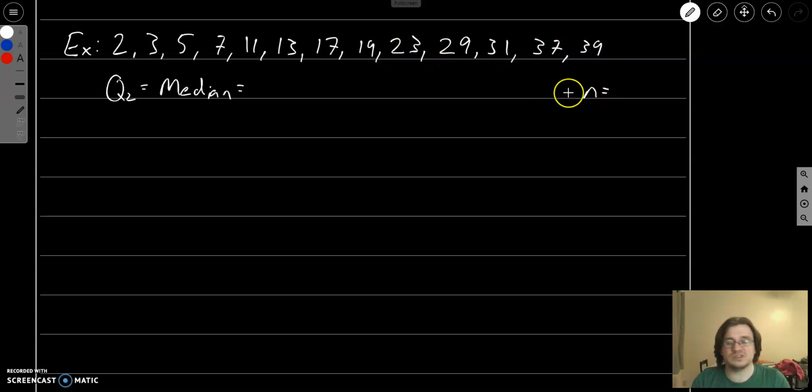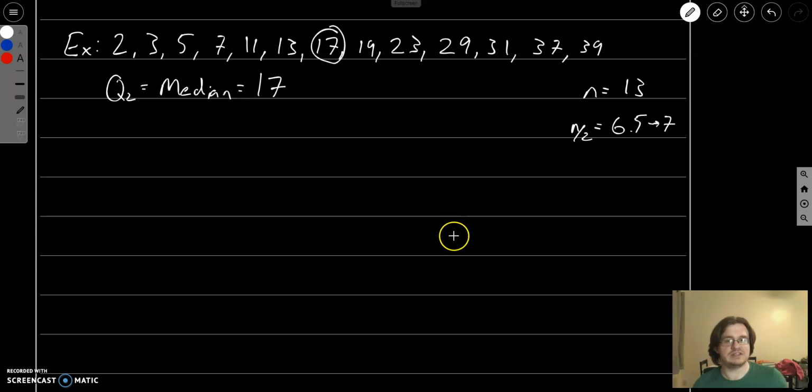So n, which is usually what we use to denote the number of data values, will be 13. So if we divide n by 2, we get 6.5. So we can round up to 7, and the 7th number in this list will be our median. 1, 2, 3, 4, 5, 6, 7. So our median is going to be 17.